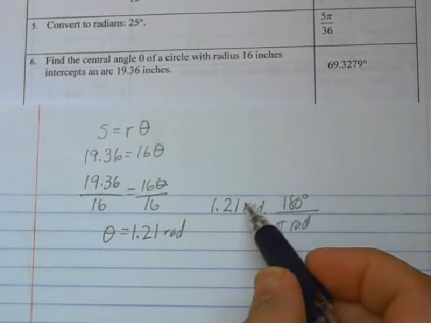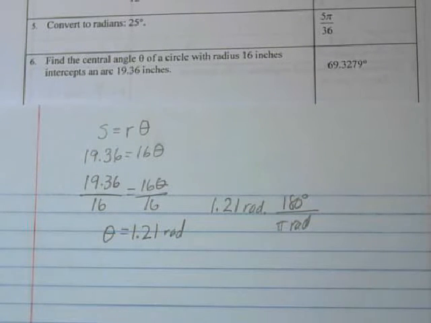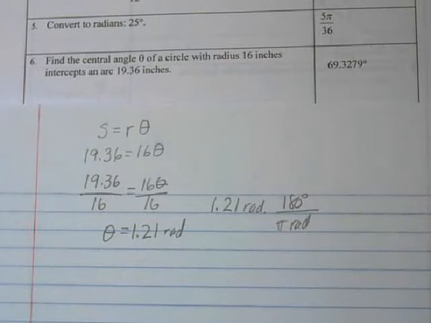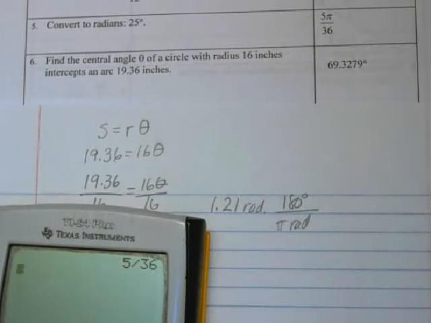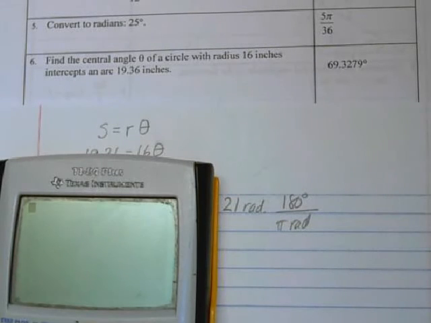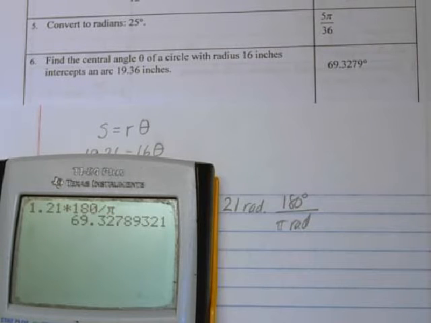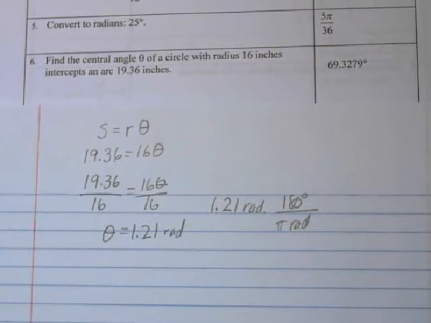Now, notice in this problem there's no pi in this, so there's no pi's that cancel out. So we're just going to type it in as we see it here. And we see we get about 69.33 degrees.